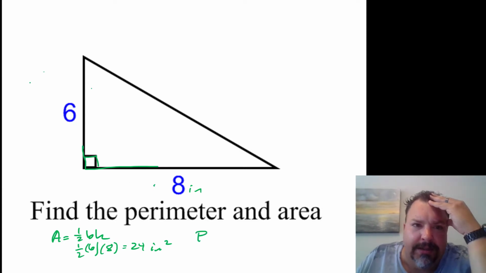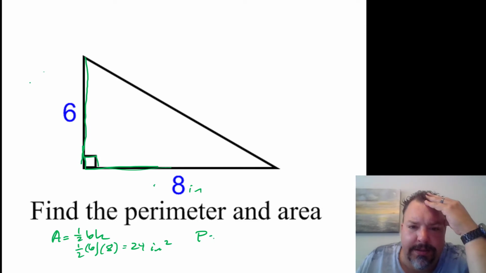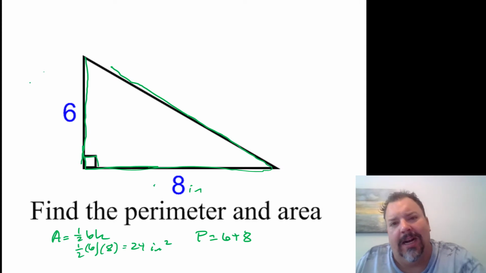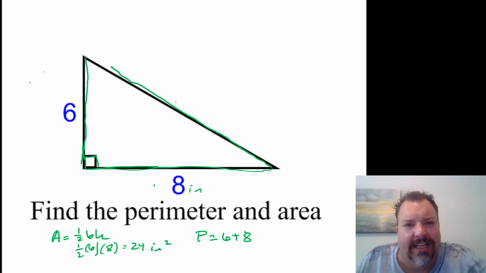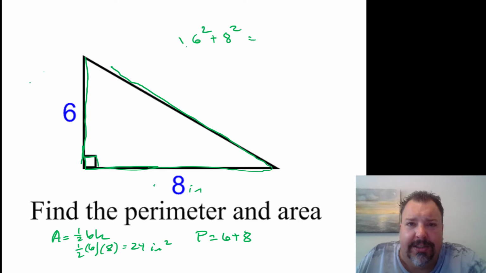How would we get the perimeter? Well, we'd have to add up all the sides, so we already have 6 plus 8. But now when we go around, we need to find this length. How do we find this length? Well, notice that it's a right triangle. So how do we find the sides in a right triangle? We have to use the Pythagorean theorem, 6 squared plus 8 squared. And if we take the square root of that, that will give us our C here.